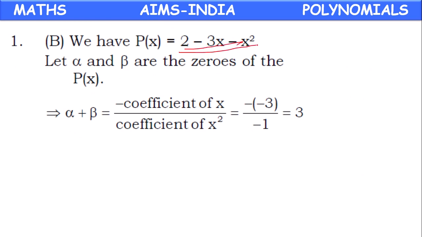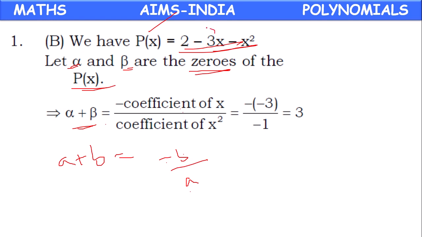So the given equation, let it be p of x. Let alpha beta be the zeros of p of x. So then alpha plus beta, or a plus b, equals, what is the formula? Minus b by a. So minus coefficient of x by coefficient of x square. What is the coefficient of x here?